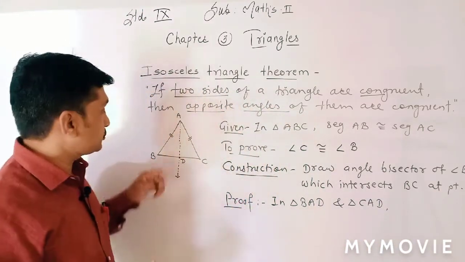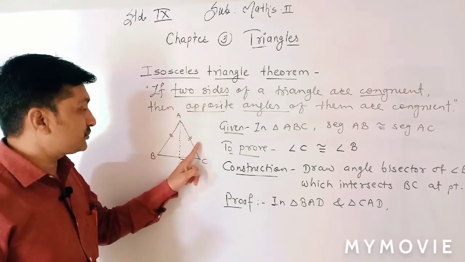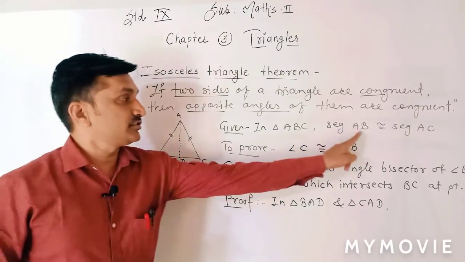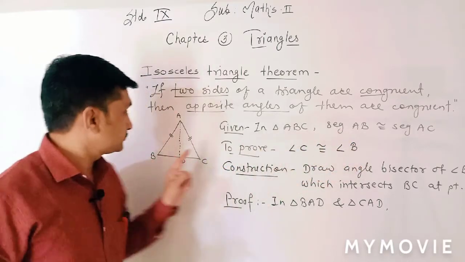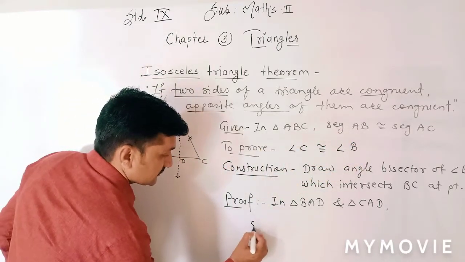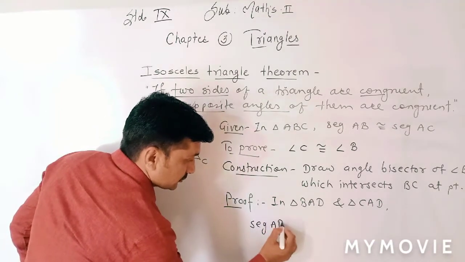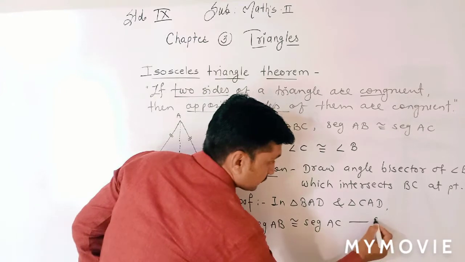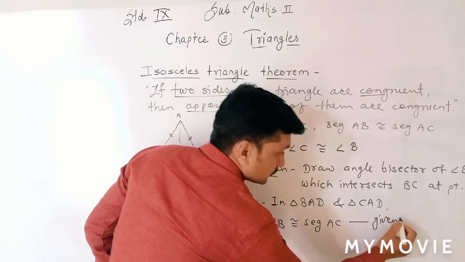What is the test now? You see, BA to CA, it is given. Now I write here seg AB is congruent to seg AC. From where? From the given.